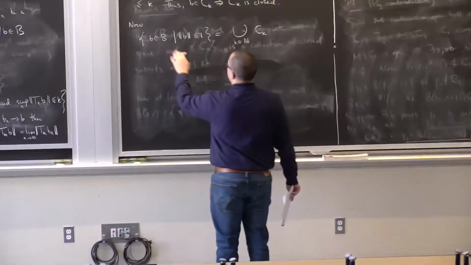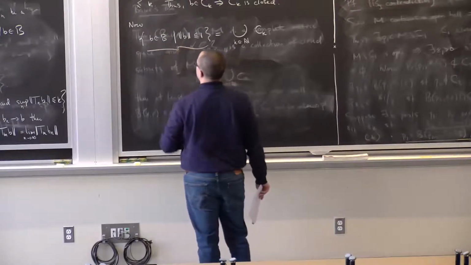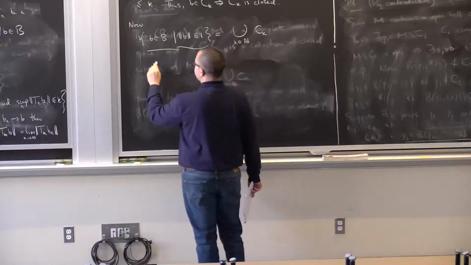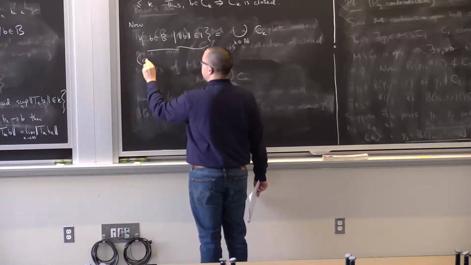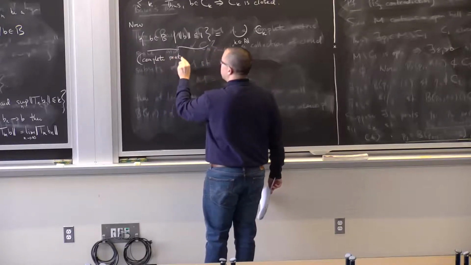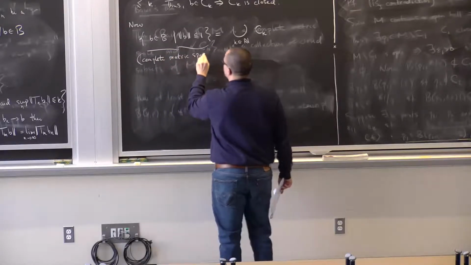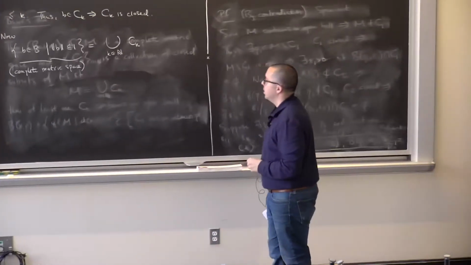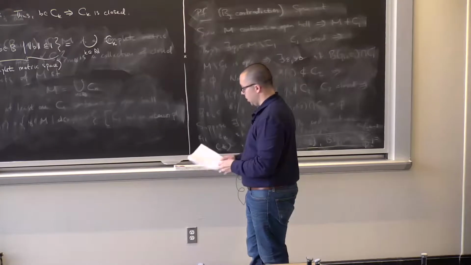So this is a complete metric space because it's a closed subset of M. So this is a complete metric space written as a union of closed subsets.